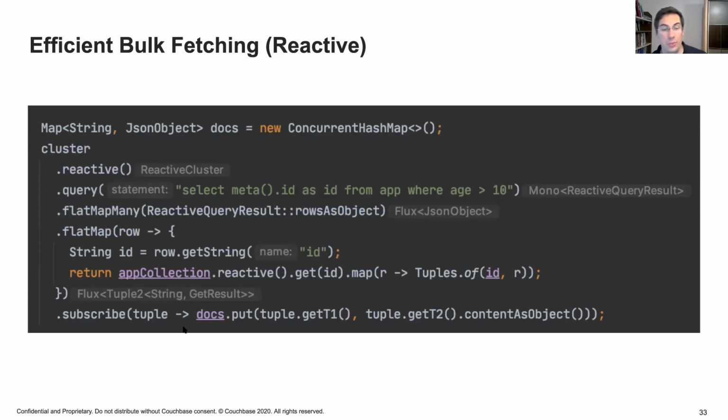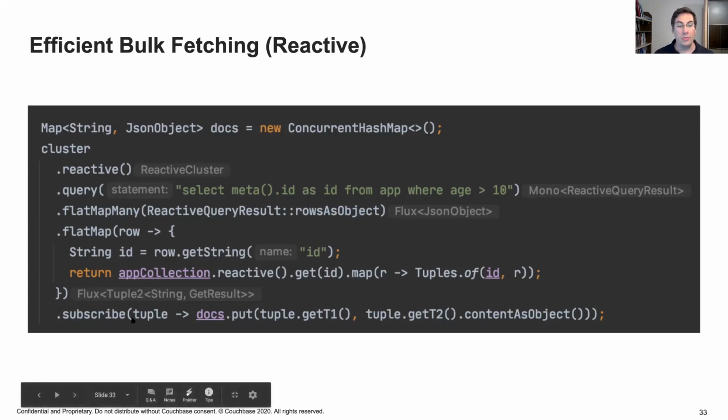And what this will do is, as the IDs stream from our query response, we're going to immediately, for each document ID we get back, send a request to the respective data service. So while the data is still streaming, we are already starting to send out key value operations as fast as we can, and then we collect the individual information back as quickly as we can and return it.